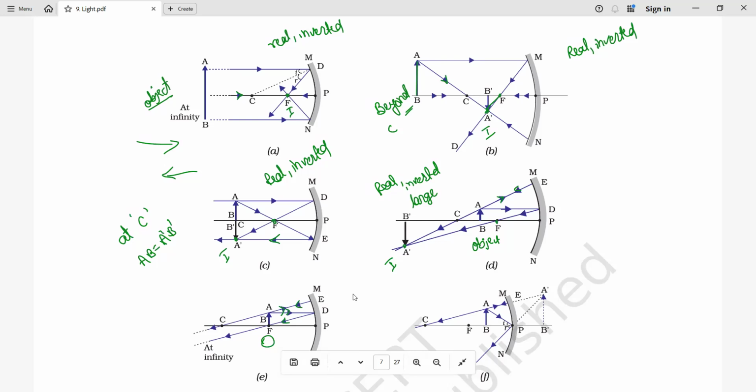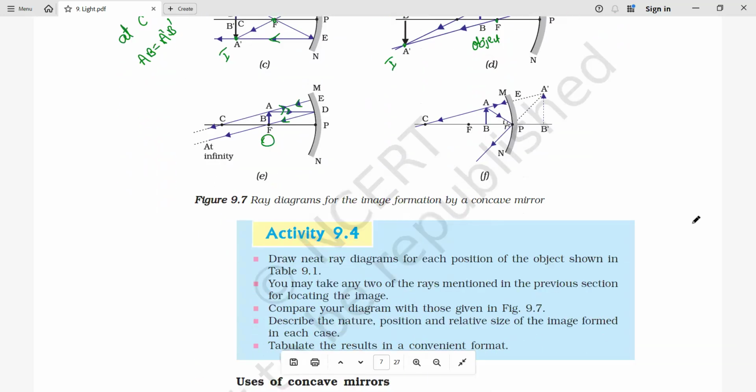Another situation, which is the exceptional one: when the object lies between the focus and the pole. Here we have the concept of oblique incidence. This ray is going to be incident obliquely at the pole, and after reflection, angle i equals angle r, which is always the law of reflection. One ray is taken which is going to pass through the center of curvature, and after reflection, again it passes through the center of curvature.